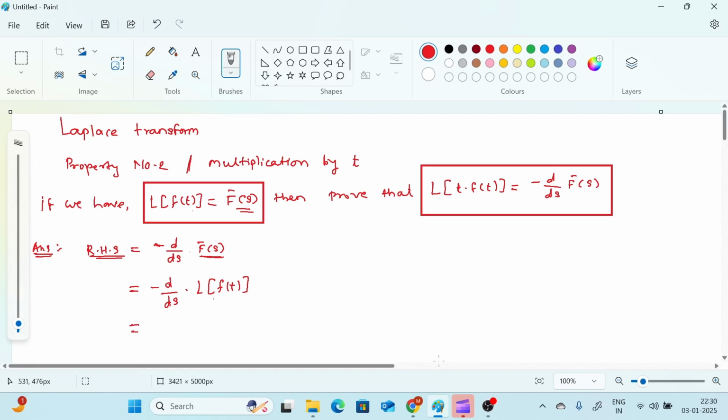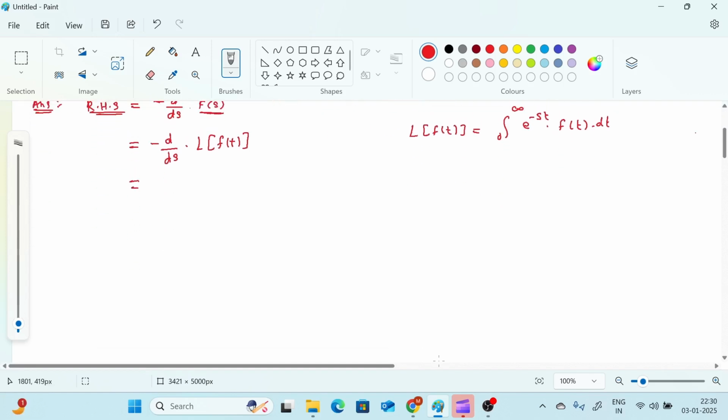So next, now you know the equation of Laplace: Laplace f of t is equal to integration 0 to infinity e raised to minus st f of t into dt, right? So I am going to use this equation in this place.